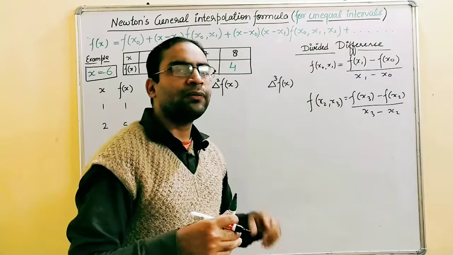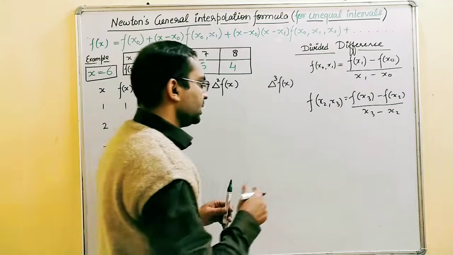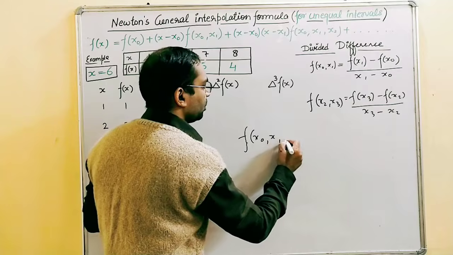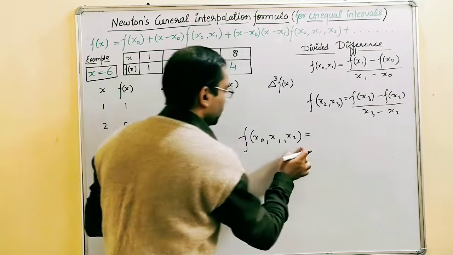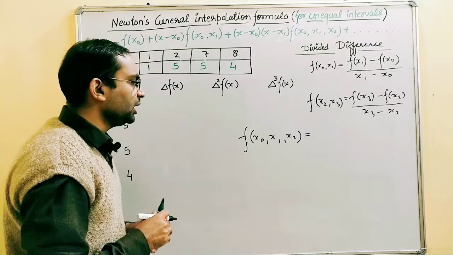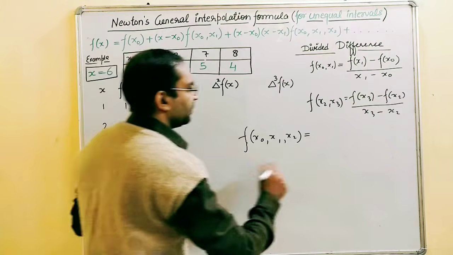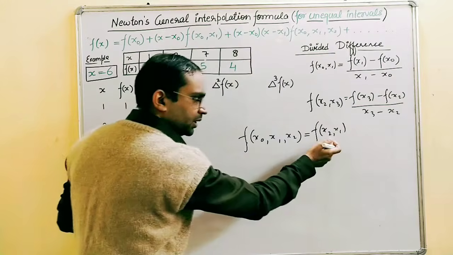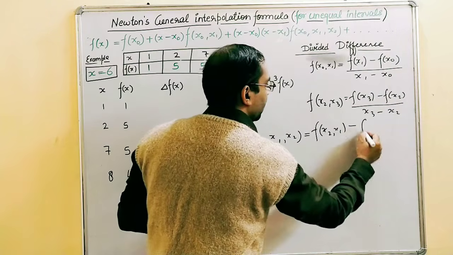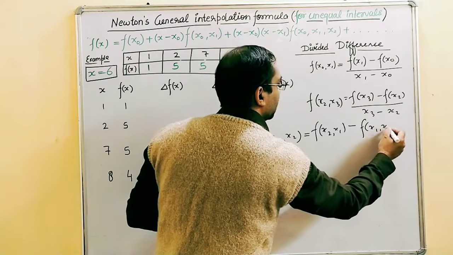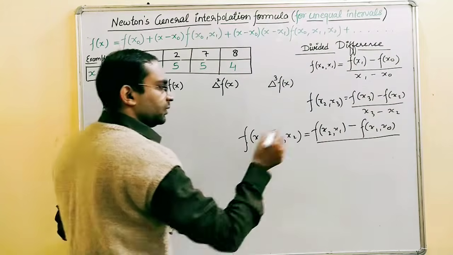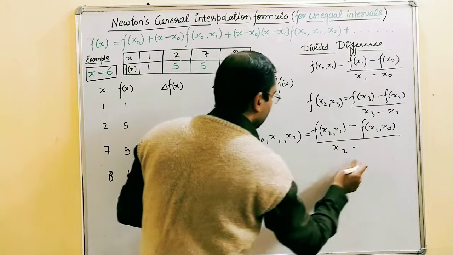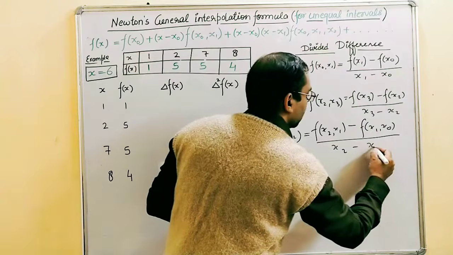Now let me write the formula for the second divided difference. So what will be the second divided difference? Let's say we have to write f(x0, x1, x2). What will be the result of this? The next difference will be f(x2, x1), this is the first divided difference, minus f(x1, x0), divided by the last element, x2, minus the first element, x0.